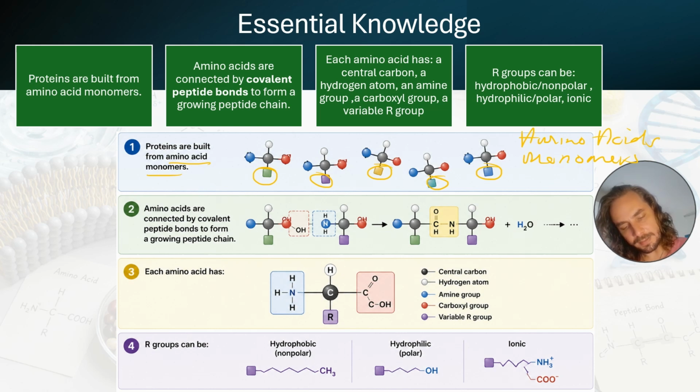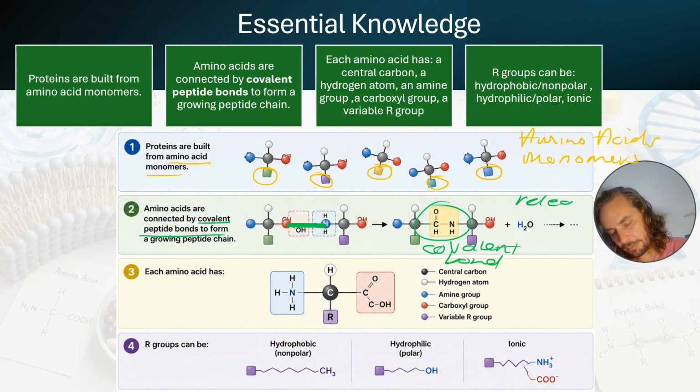And then amino acids are connected by a covalent peptide bond. So when these two amino acids join, they form a covalent bond and it releases water, because this is a dehydration synthesis reaction.